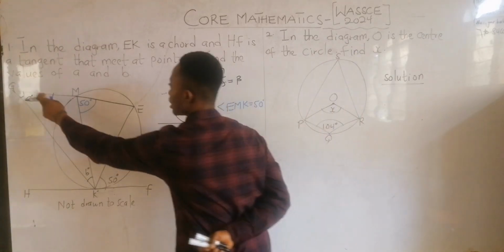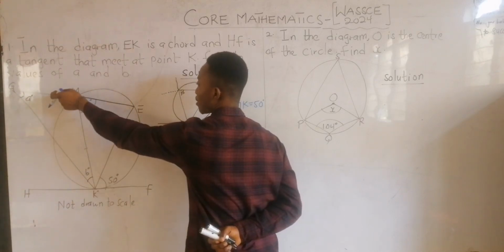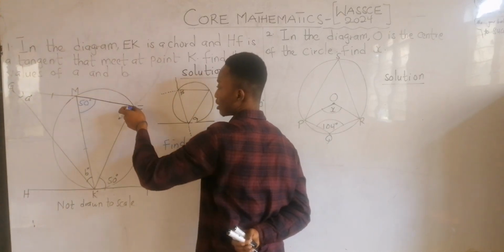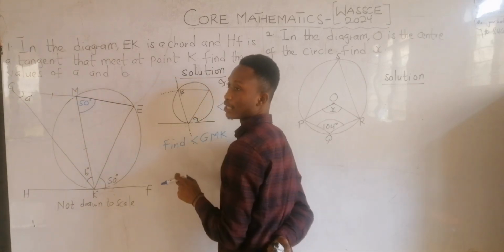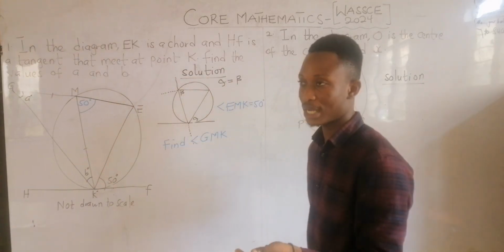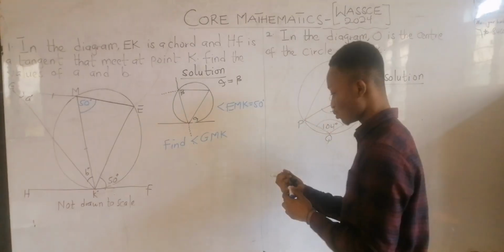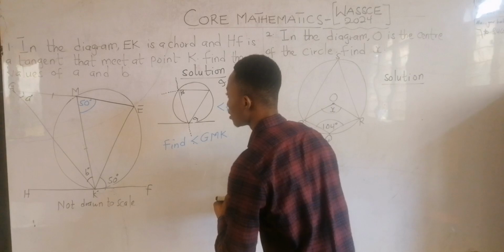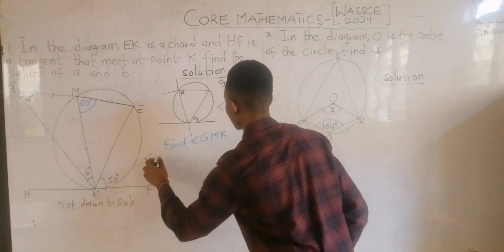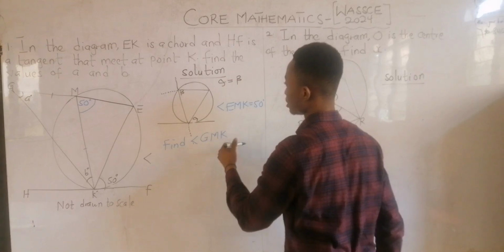So angle GMK is forming a straight line with angle EMP. This is what we call a linear pair, or angles on a straight line. So we say, we are looking for angle GMK.